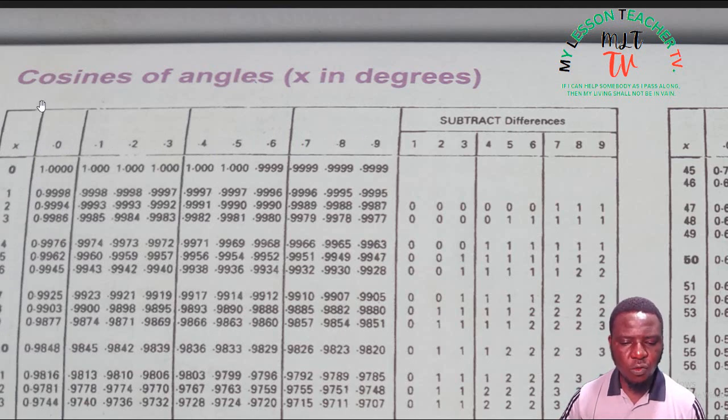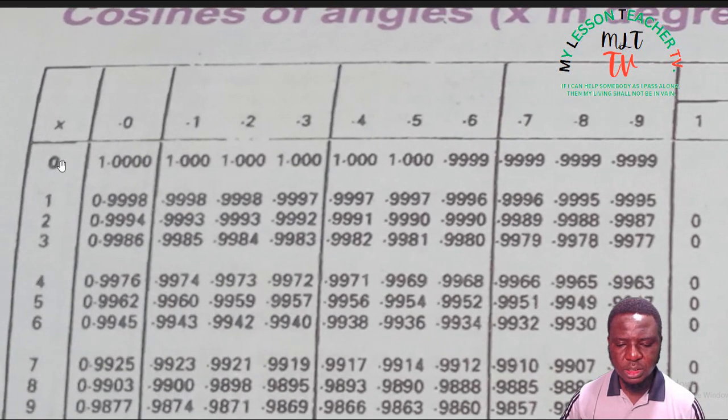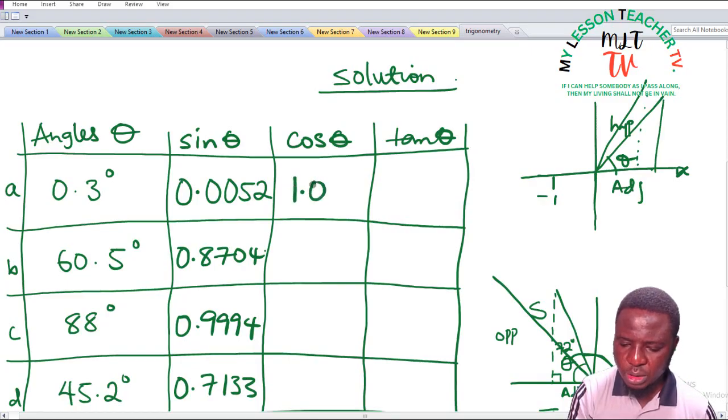For the value of cosine 0.3, this is said to be 1.0.